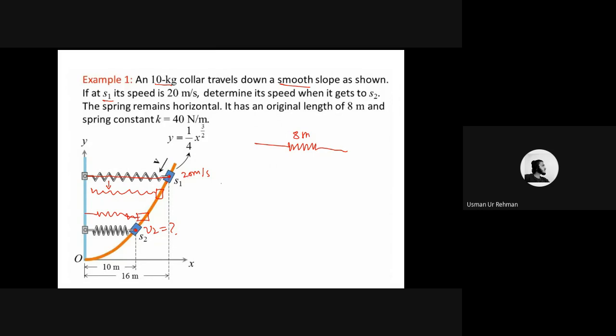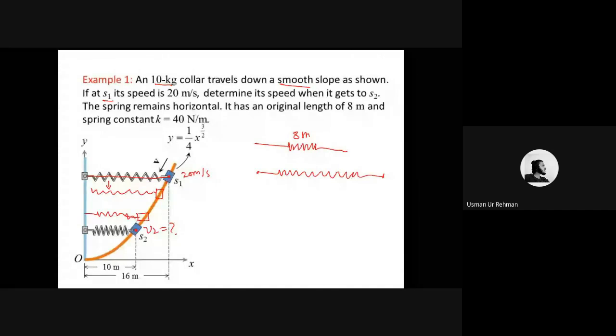How much is the length of the spring over here? At S1, it is 16 meters. So at state 1, how much is the deflection? If the original length is 8 and the total is 16, the deflection is 8, so S1 should be 8.